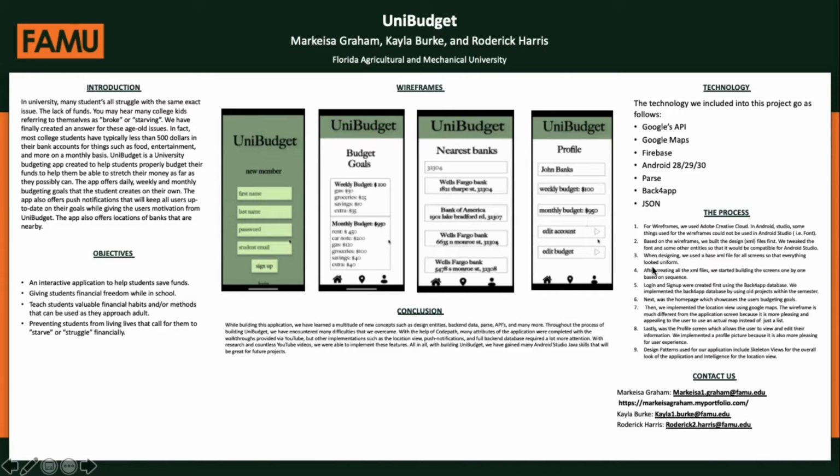Then after that, we created the XML files so that we can get the design of the screens down before we created the actual code for the screens to work. So the login and sign up screen were obviously made first through Back4App, which is the backend database. And then once the user was able to log in successfully, we got to the home page where it would just showcase the user's budgeting goals.